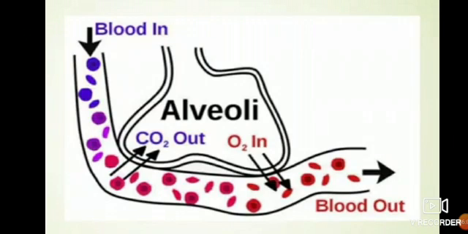If you see in the picture, CO2 out, O2 in. So alveoli gives the oxygen to all parts of the body with the help of the blood vessels or blood cells, and at the same time takes the carbon dioxide into the alveoli.